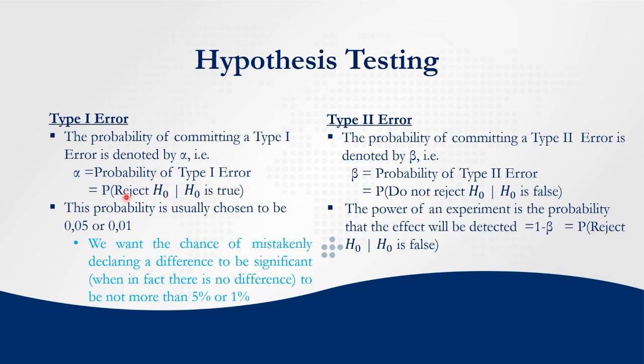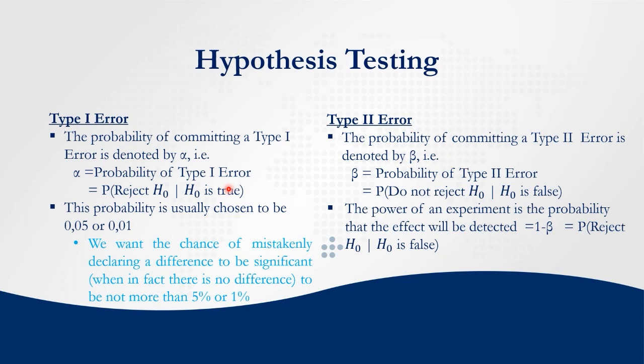So the type 1 error inside the brackets is that we reject H naught when H naught is true. We actually want to reject H naught when it is false. But if we reject it when it is true, we are committing a type 1 error. And the probability of committing that error is referred to as alpha.